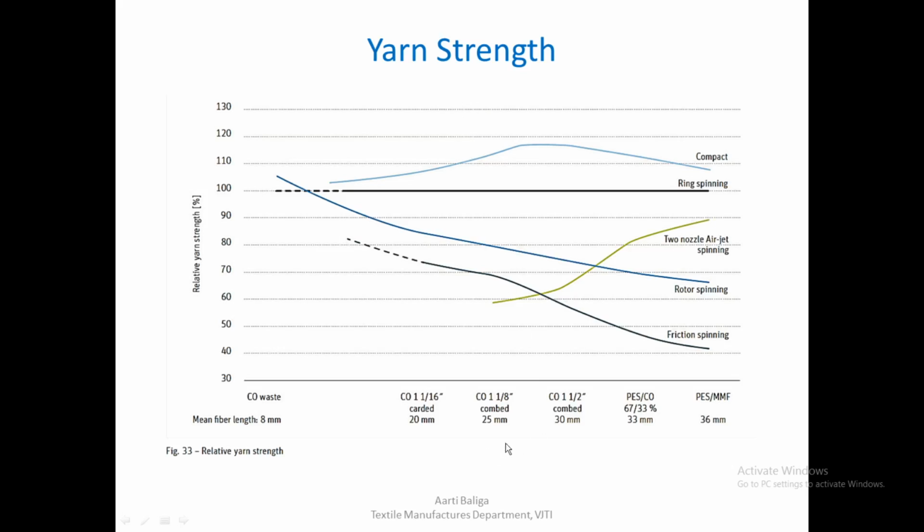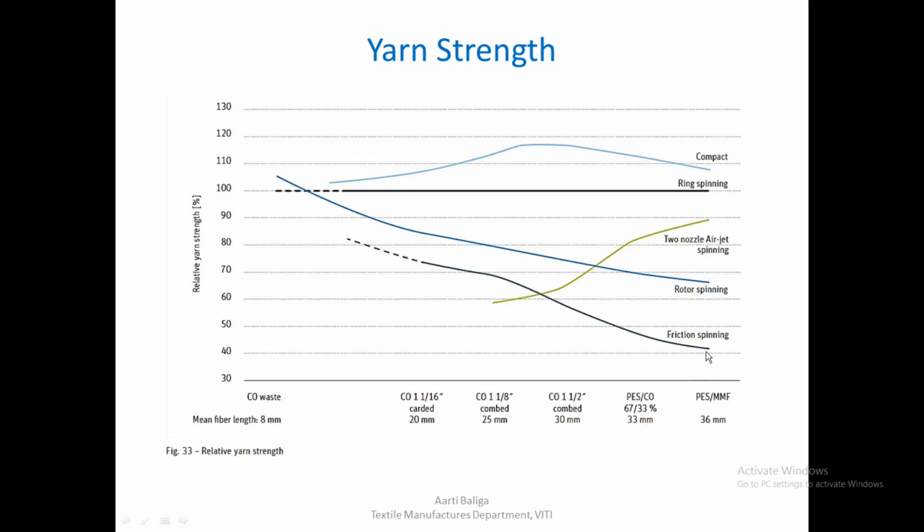On the x-axis, as we saw, it starts with cotton waste, and then the staple length is also increasing up to say 1.5 combed, which is 30 mm. And then they have also compared a polyester cotton blend of 67/33 as well as any other man-made fiber.